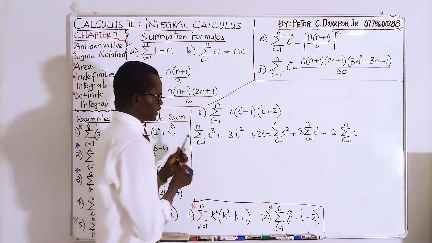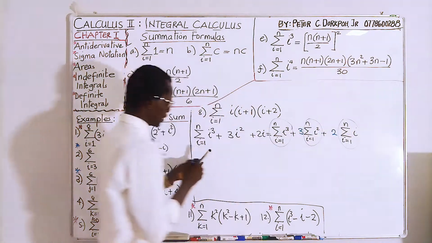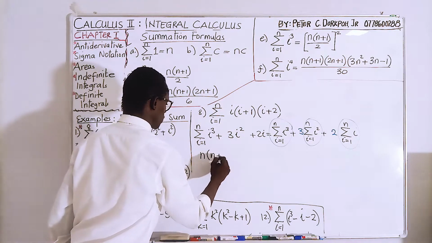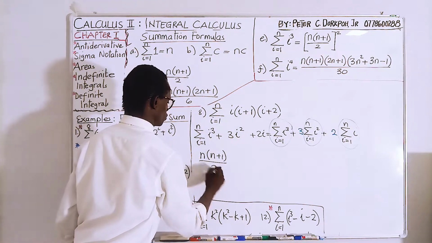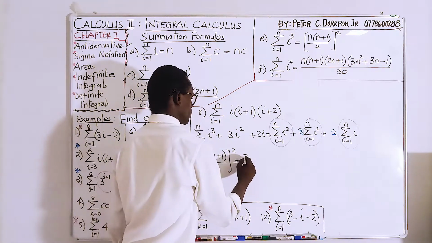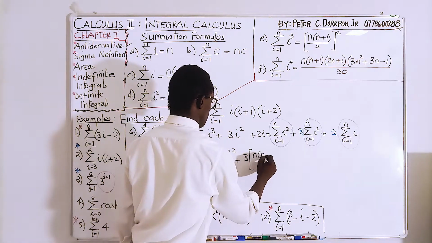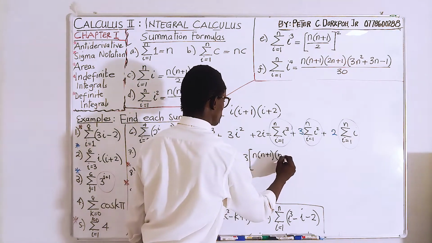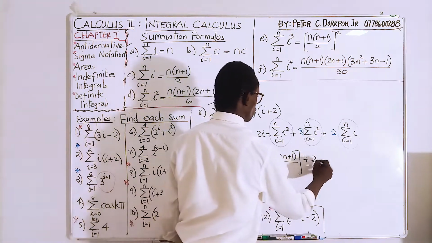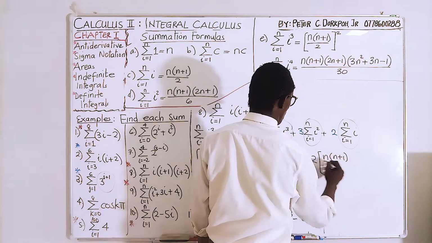So we can bring in each of these formulas. So what is the summation of r cubed? It is n plus 1 all over 2 raised to the second power, plus 3 times the summation of r squared, which is n plus 1, 2n plus 1 all over 6, plus 2 times the summation of r, n times n plus 1 all over 2.